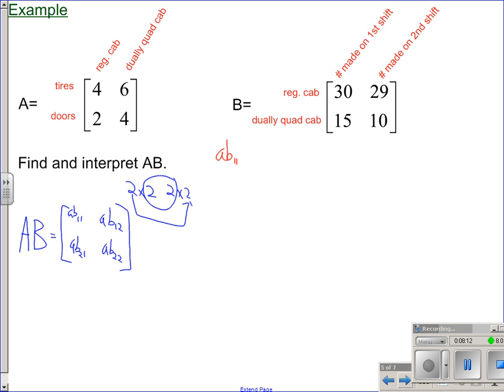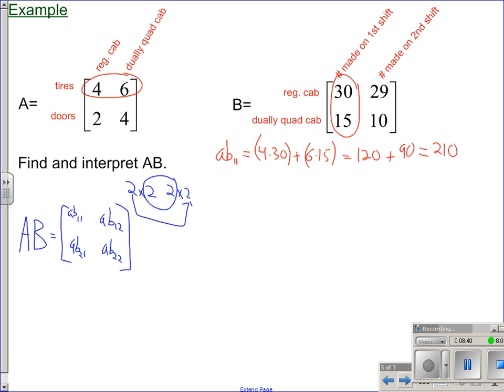So the first entry, the one that goes in the first row, first column, we are going to take the first row and multiply it by the first column. So entry by entry, 4 times 30 plus 6 times 15. That's 120 plus 90, and that is going to equal 210.